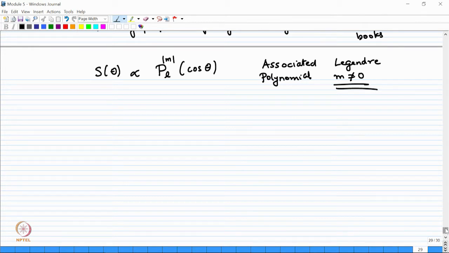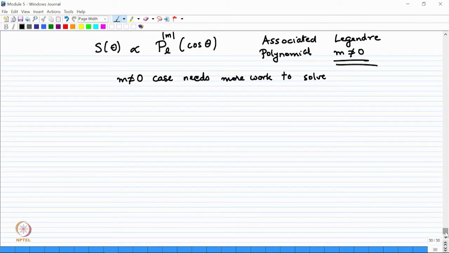I haven't done the m not equal to 0 case. It needs more work to solve, which I have not done, but you can look it up in standard books.